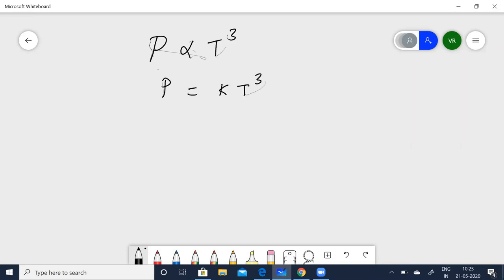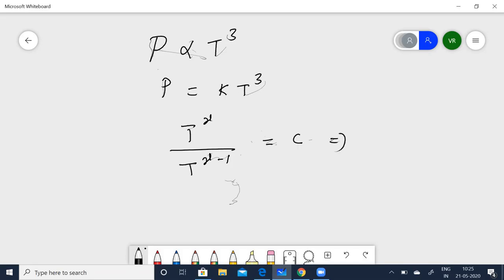So for an adiabatic process, P to the power of gamma divided by T to the power of gamma minus 1 is equal to C. Or in the place of P, let me put it as K T cubed, because P is proportional to T cubed, we are going to put it that way.